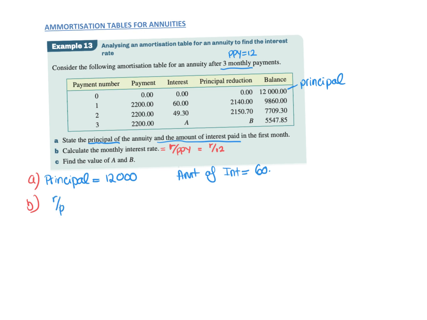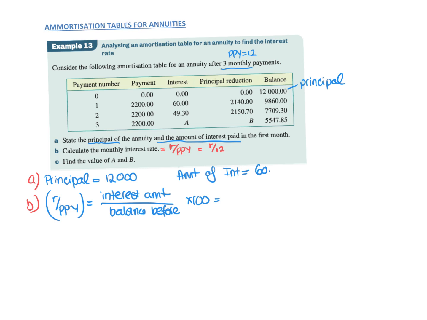If you do R over PPY, because that would be the monthly rate, you could take an interest amount that they gave you and divide it by a balance before, times it by 100, and that's going to tell you the monthly rate.